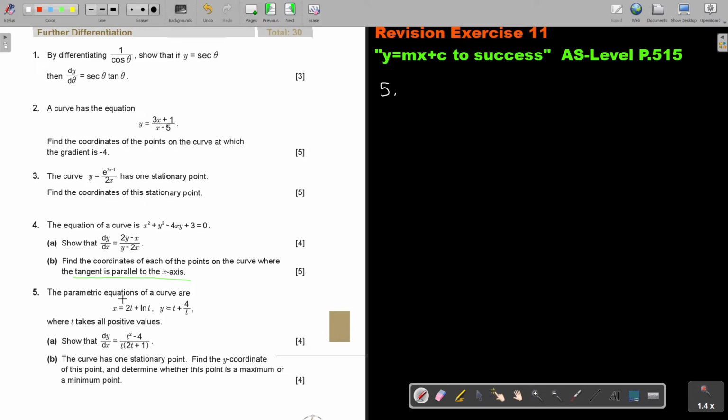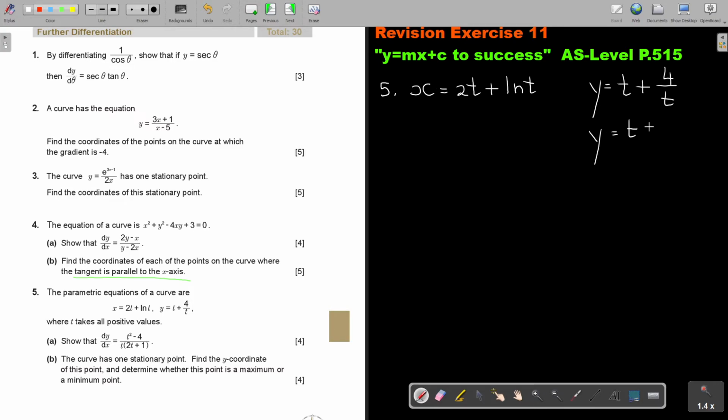And now it's parametric equations, and it's x equals 2t plus ln t, and y equals t plus 4 over t. So if I want to get this one ready for differentiation, the 4 over t must come up.